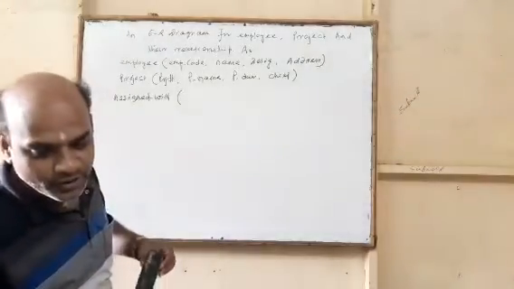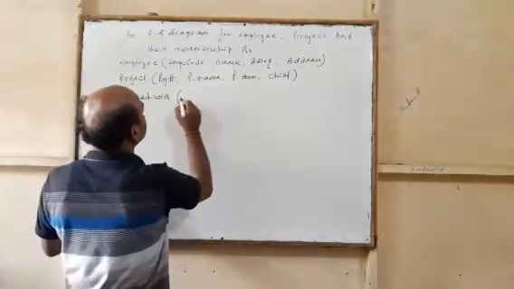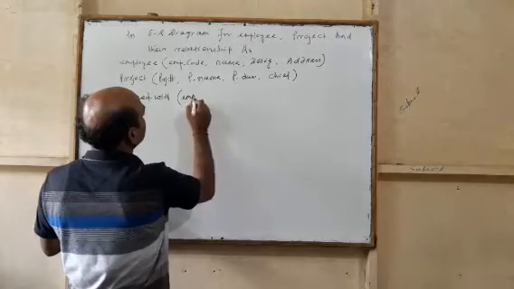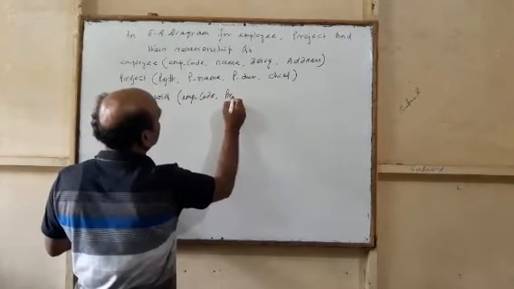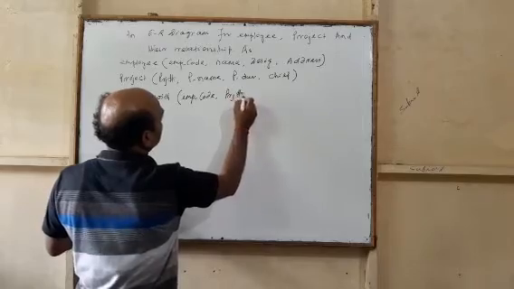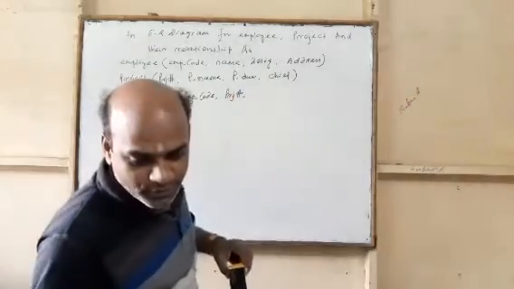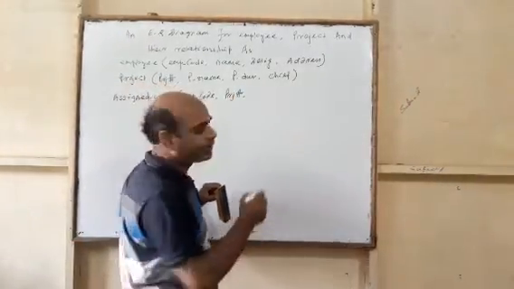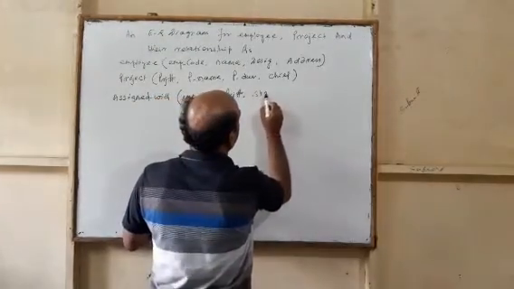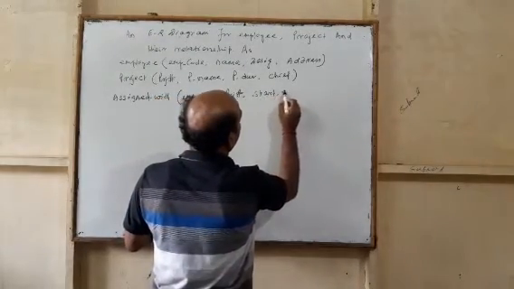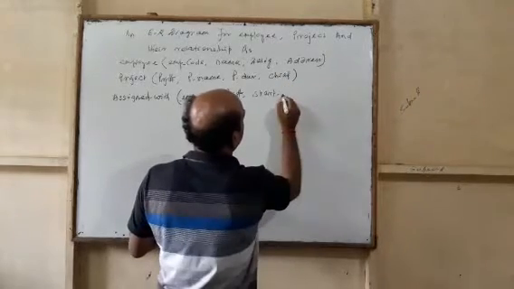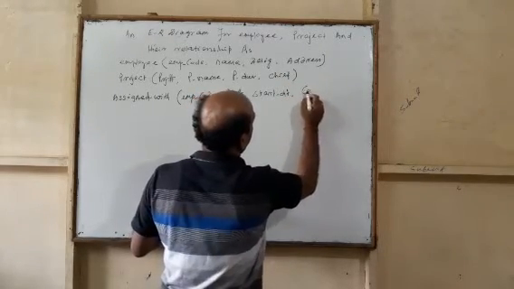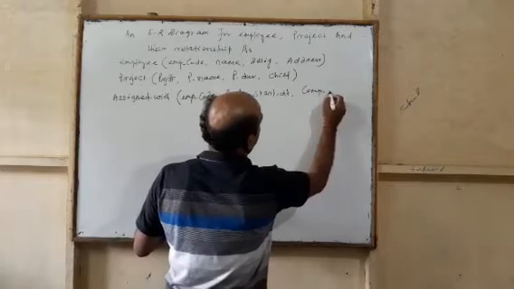Attributes will be employee code, project code, start date, and completion.